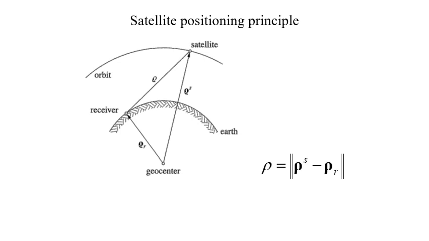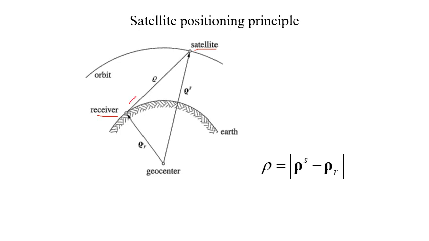So as we know, the satellite positioning principle is based on the observations made to the satellite. At a receiver position, we observe a satellite, and the satellite distance at a time, for example, will be measured.